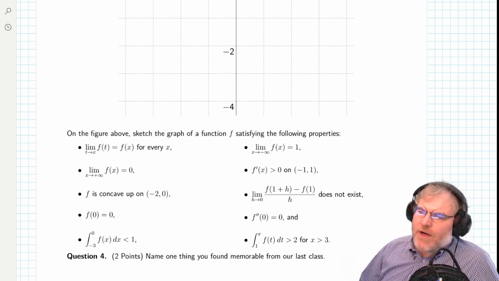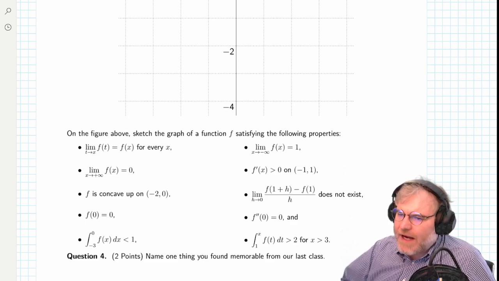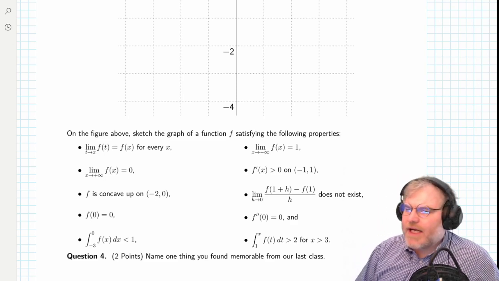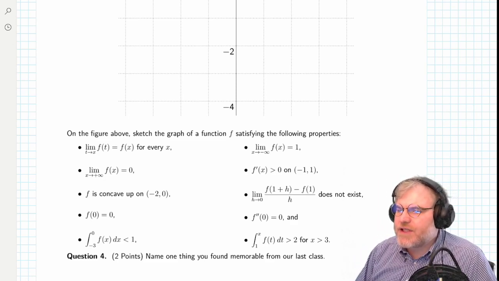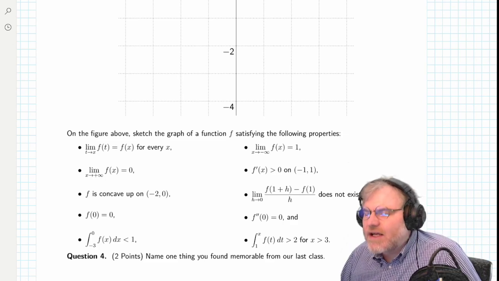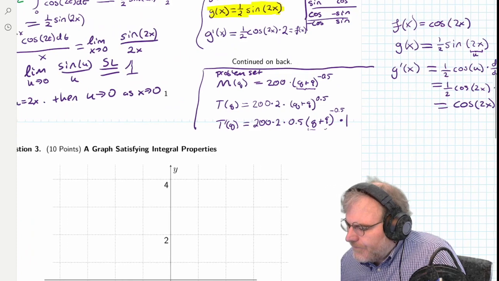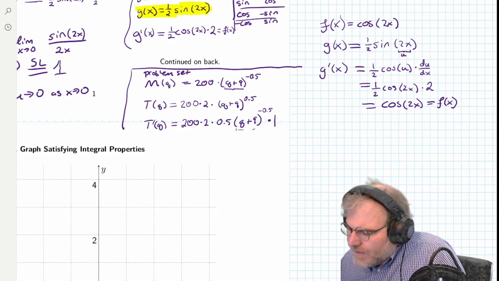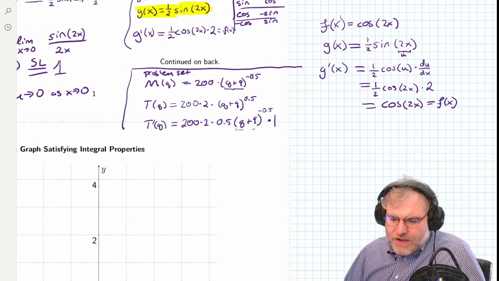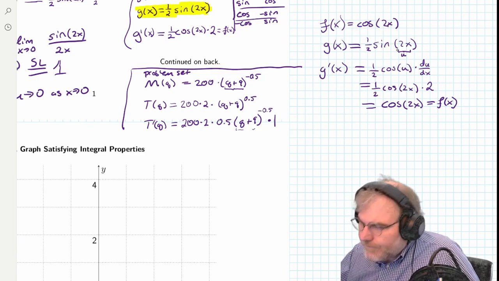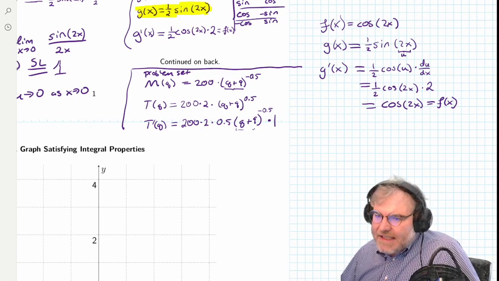Someone type what that first condition means while I answer this other question in chat. The question is, is the 1/2 in g of x related to the f of x? The 1/2 in g of x is related to the u here. That's where that came from. That came from this u. Does that answer your question?